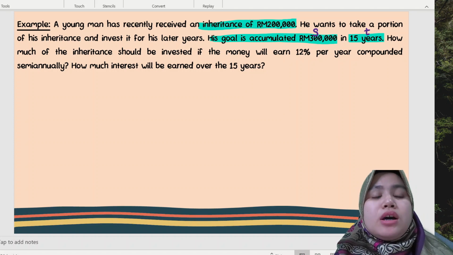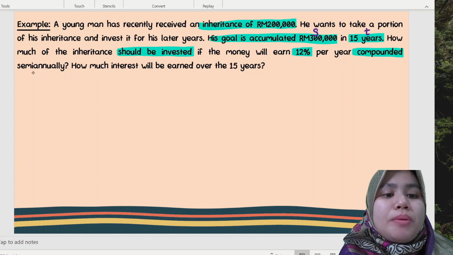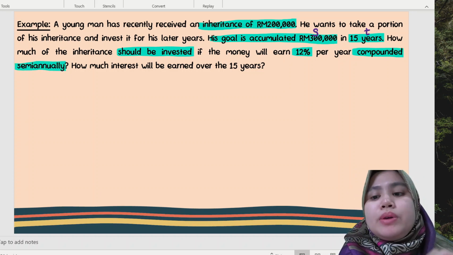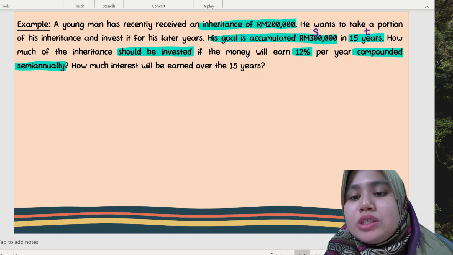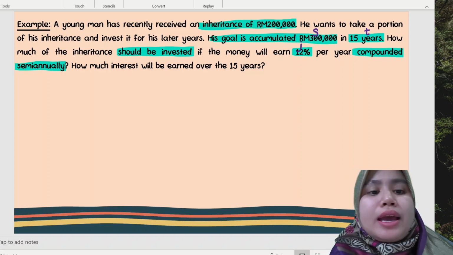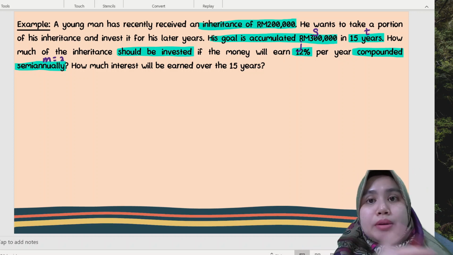How much of the inheritance should be invested if the money will earn 12% per year compounded semi-annually? I really like this sentence because with the same sentence you get J and you get M. Semi-annually, M equal to 2. Am I right?